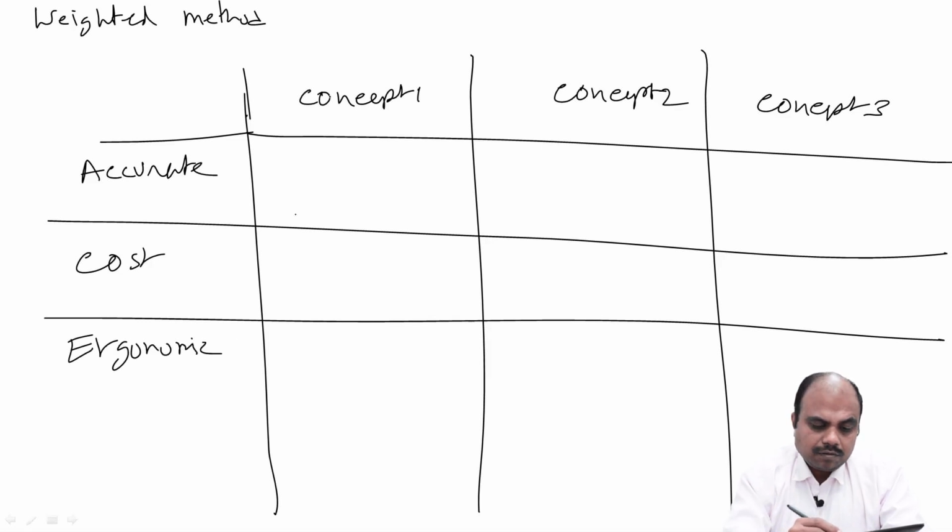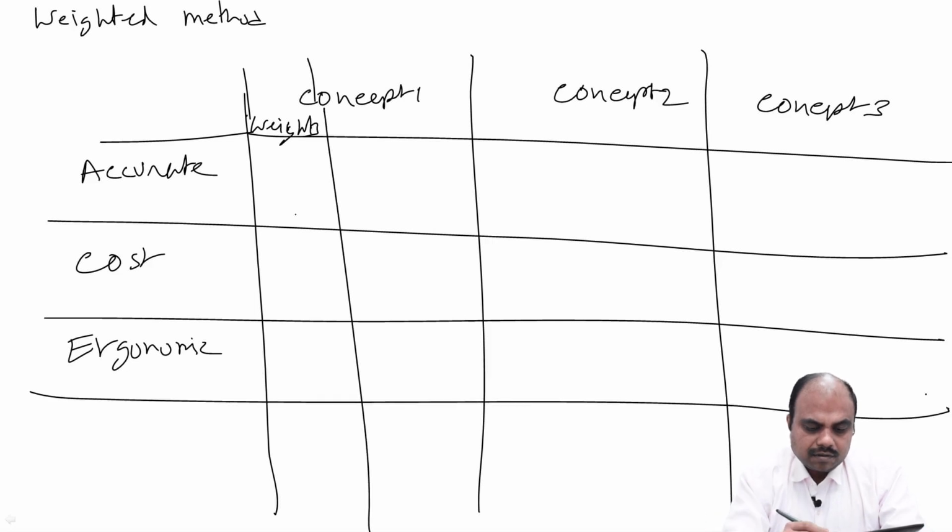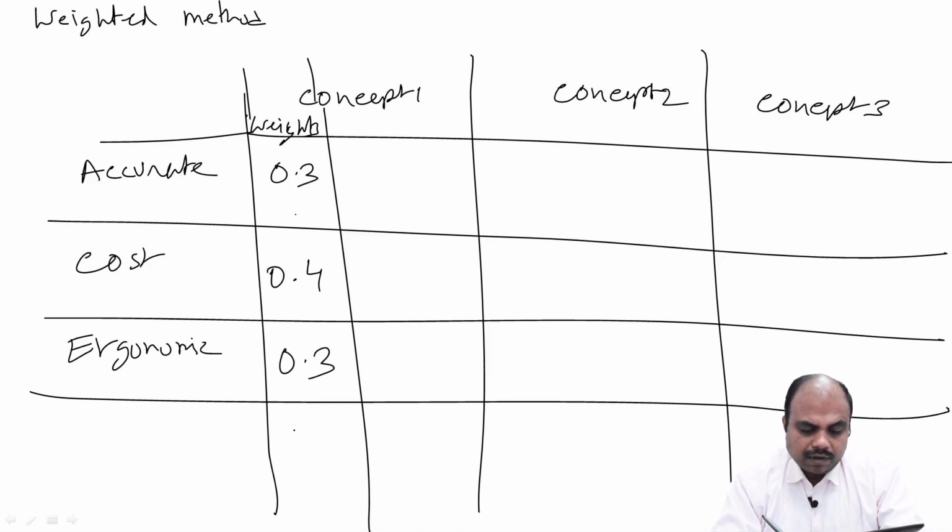Here we are going to use weights. The weight shows which criterion is more important among all of these. It has to be accurate, but how important is it? So 0.3 maybe, and cost you can say 0.4 maybe. Cost is important, and this is 0.3 maybe. The total should be 1.